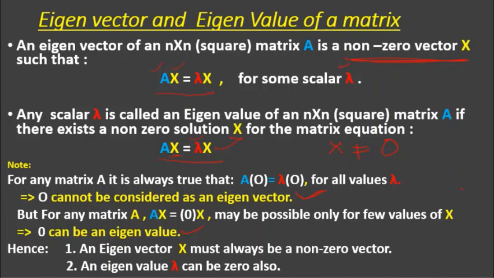For any matrix, you can have a 0 eigenvalue, but you cannot have a 0 vector as an eigenvector. That is the first one. So again the same points I am quoting here: an eigenvector x must always be a non-zero vector, and an eigenvalue lambda can be 0 also.